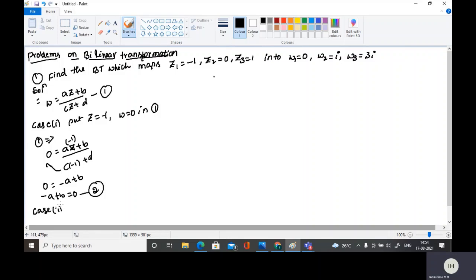Case 2, put z is equal to 0 and w is equal to i in equation 1. So equation 1 becomes w is i is equal to (a into z plus b) by (c into z plus d).